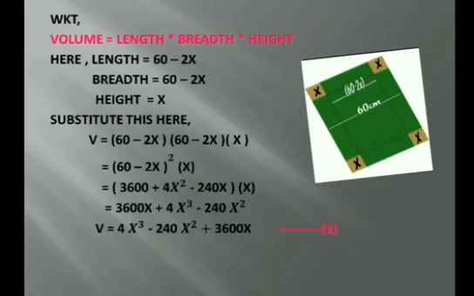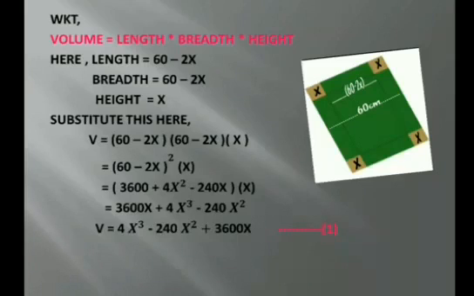Substituting these values here, we get 3600 plus 4x square minus 240x, multiplied by x. Multiplying each term by x, we get V is equal to 3600x plus 4x cube minus 240x square. Finally, we get the volume V is equal to 4x cube minus 240x square plus 3600x.